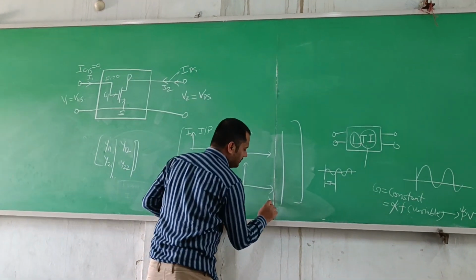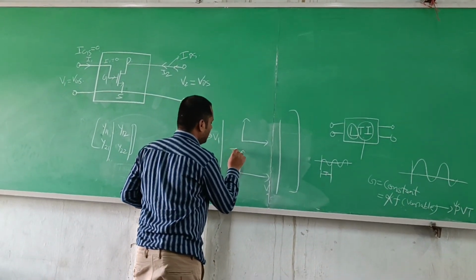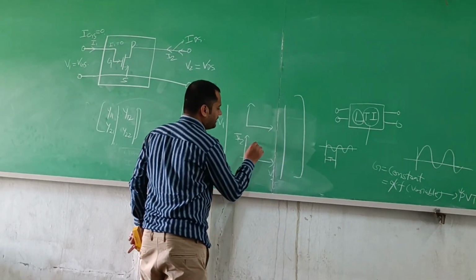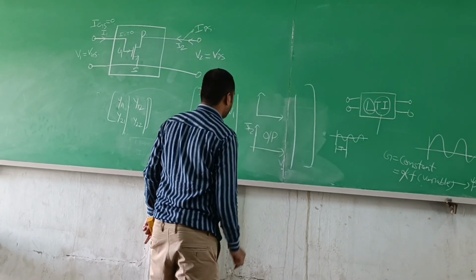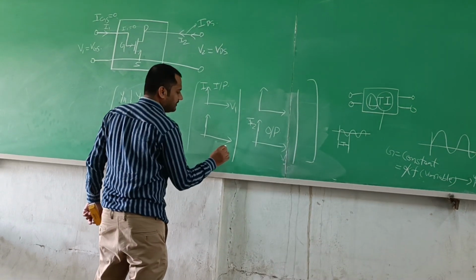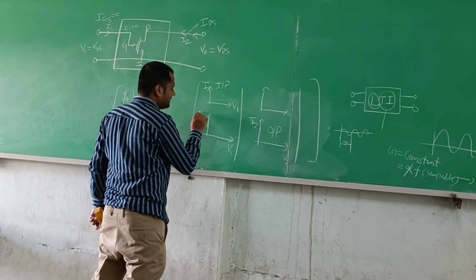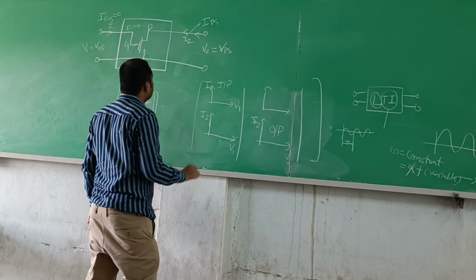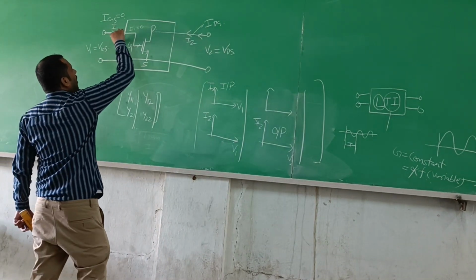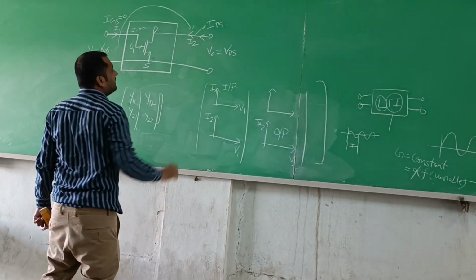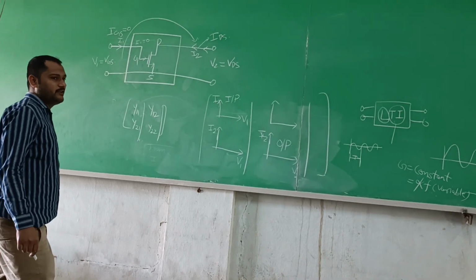This is V2 versus I2, output versus output, that's why this is called output characteristics. And this is V1 versus I2. This is transfer: how much V1 is converted into I2.